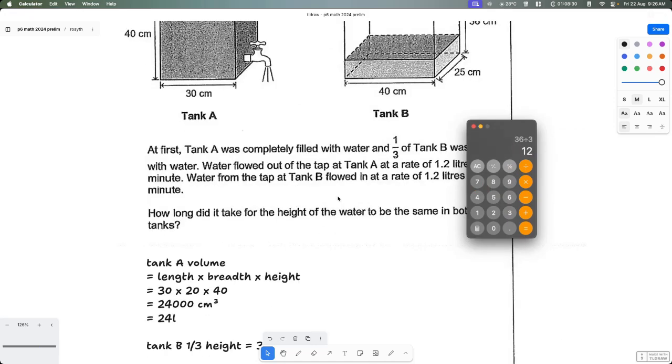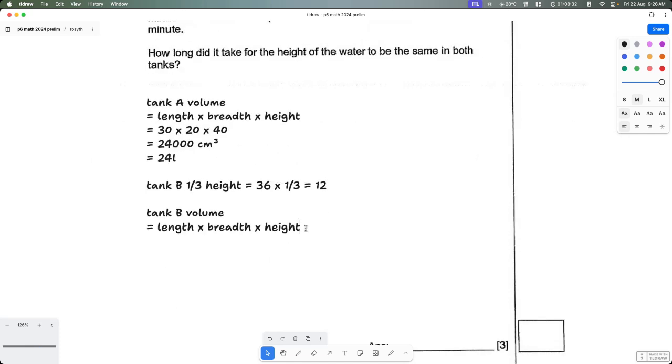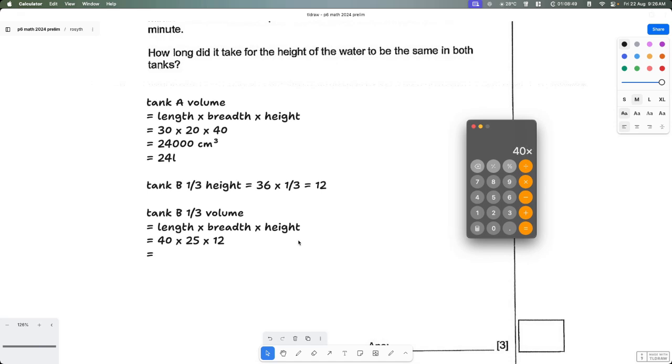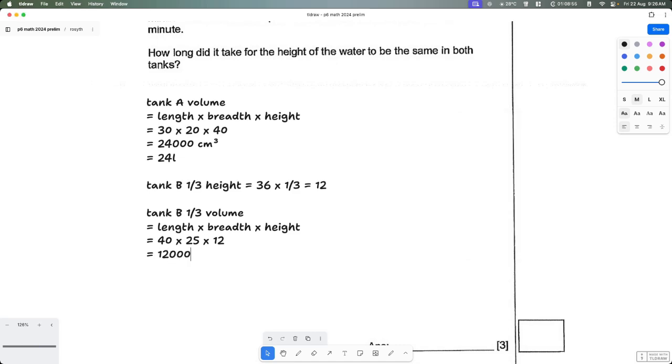Length times breadth is 40 times 25, so it's 40 times 25 times 12. Using the calculator, that's 12,000 cubic centimeters, which is equal to 12 liters.